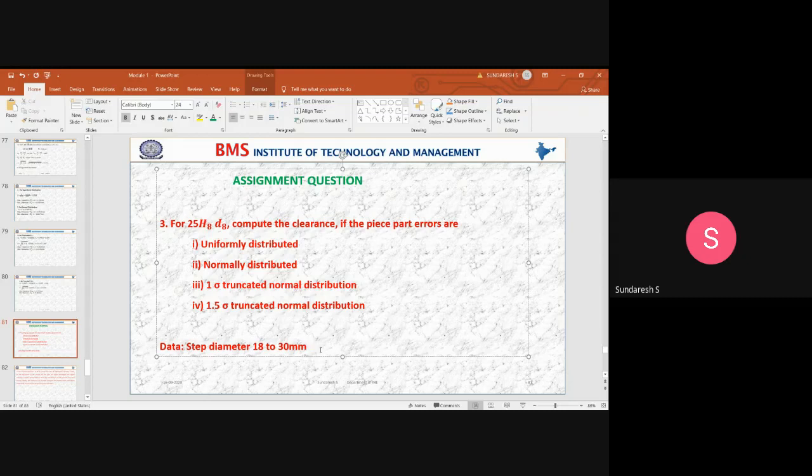This is for calculating D and the fundamental deviation. Shaft is equal to 0.065.